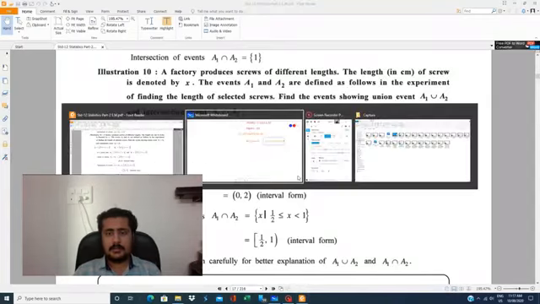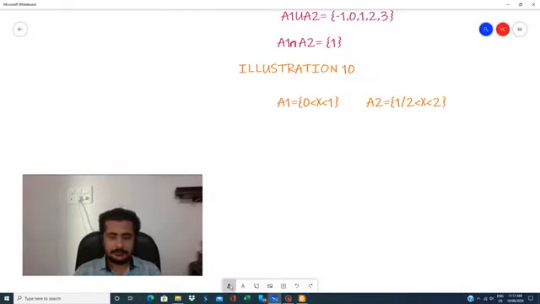Now there is an equal sign in this half, so half less than or equal to x less than 2.